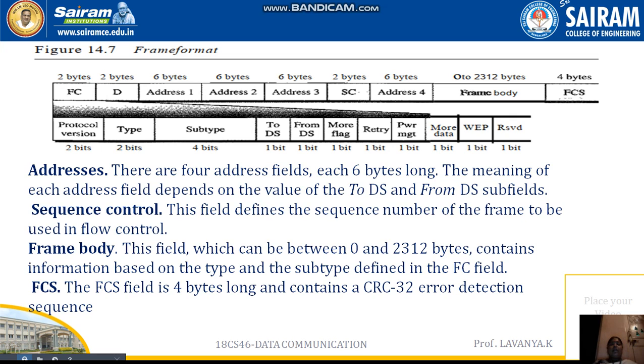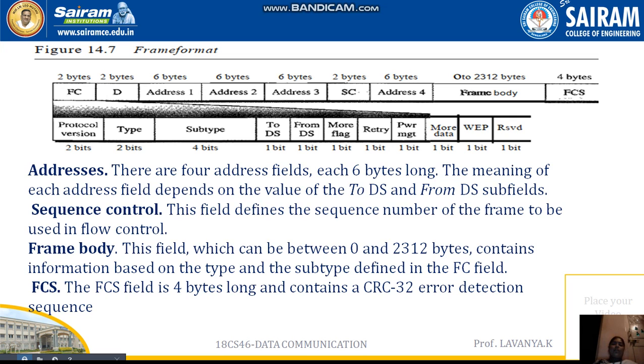Then what is the FCS? The FCS contains 4 bytes of information along with the CRC32 error detection sequence, meaning cyclic redundancy code, which is a 32-bit error detection sequence. Here the FCS we mainly use for the error detection mechanism.